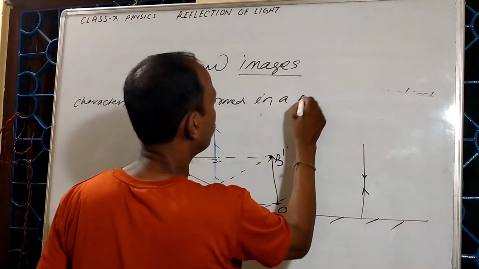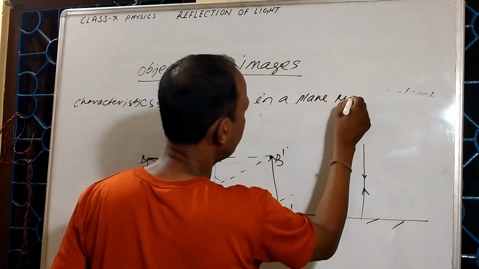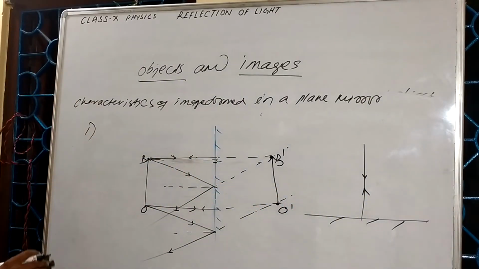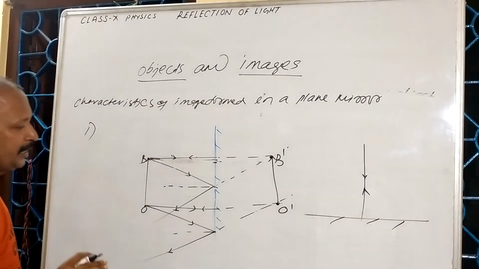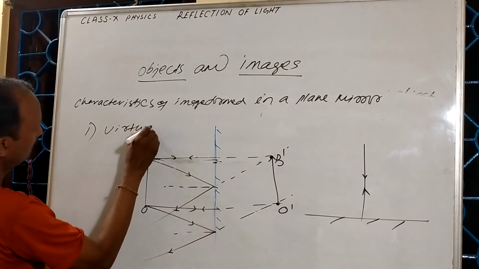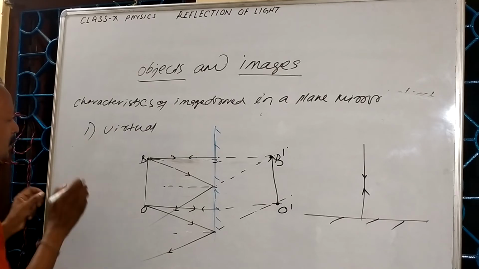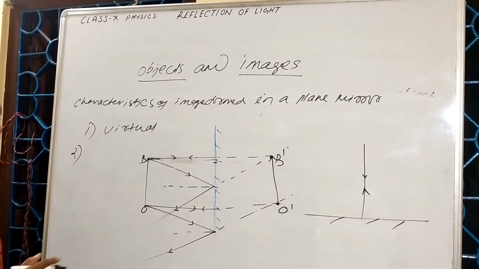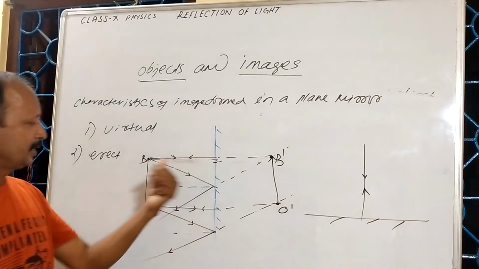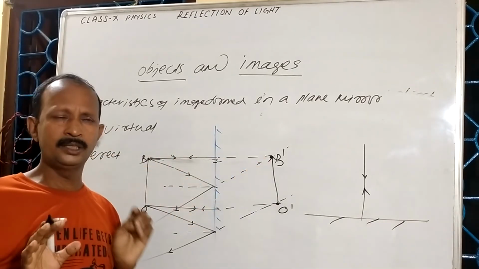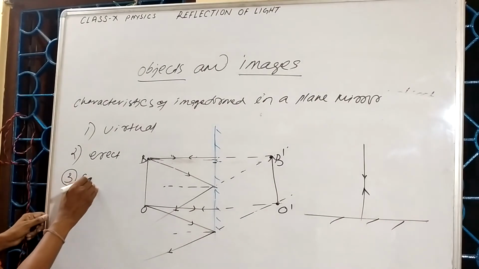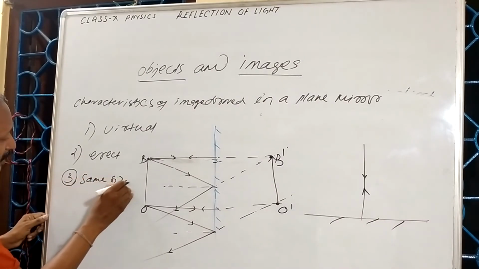First point is that the image is virtual. Second point is erect, meaning standing. Here the arrow mark is upwards, and here also the arrow mark is upwards. Third point, it is the same size.